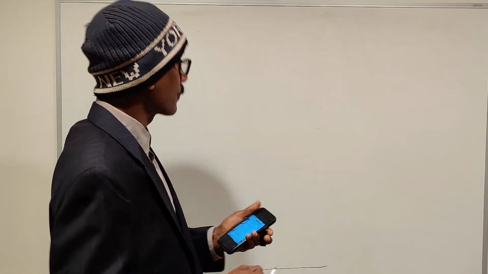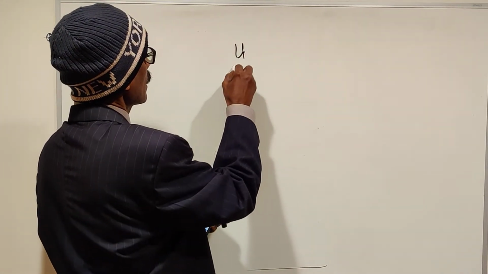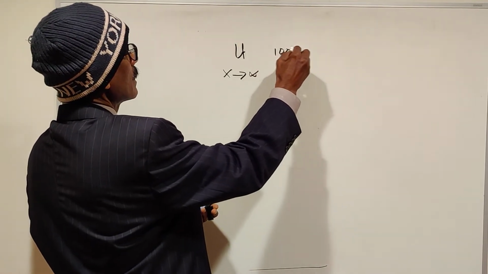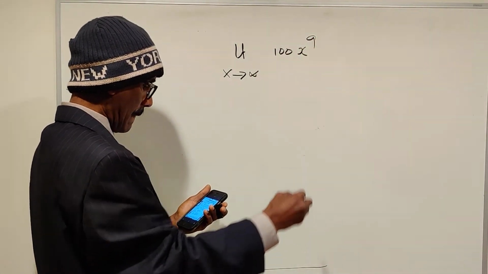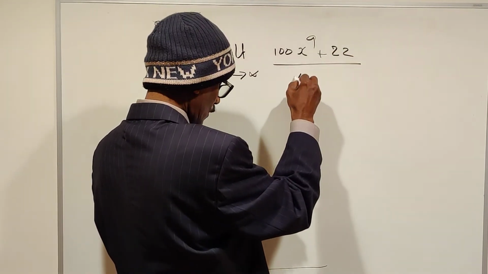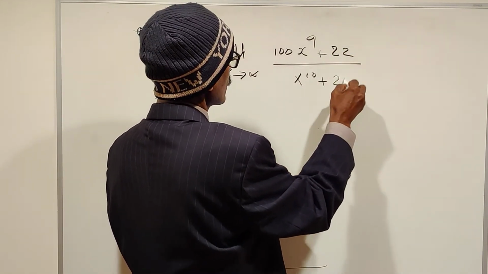The next one is limit x tends to infinity, (100 x to the power 9 plus 22) divided by (x to the power 10 plus 21).